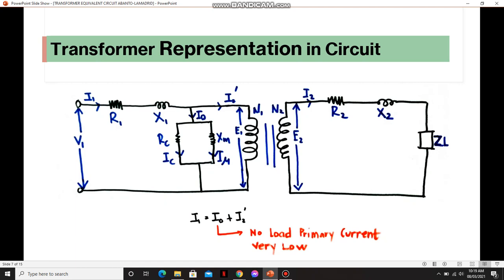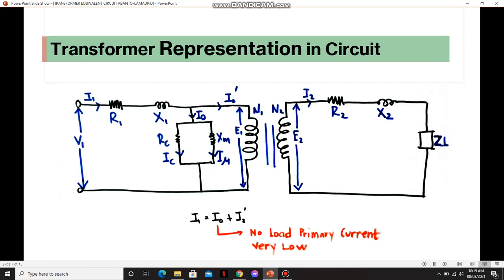Okay, so the primary voltage V1 and the primary current I1, that current will flow through primary winding resistance R1, the primary reactance X1. I1 has two components, the no-load primary current, which is noted as I0, and the I2.